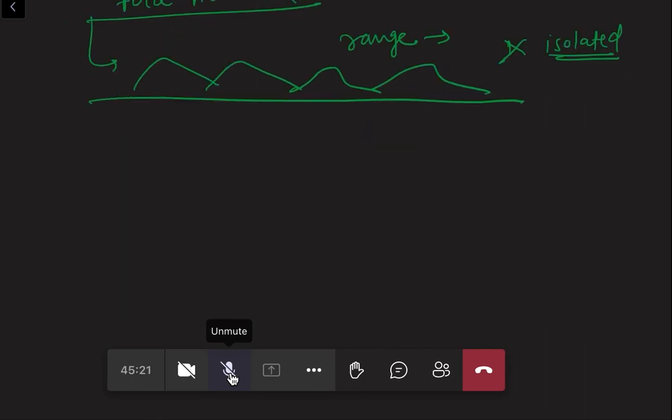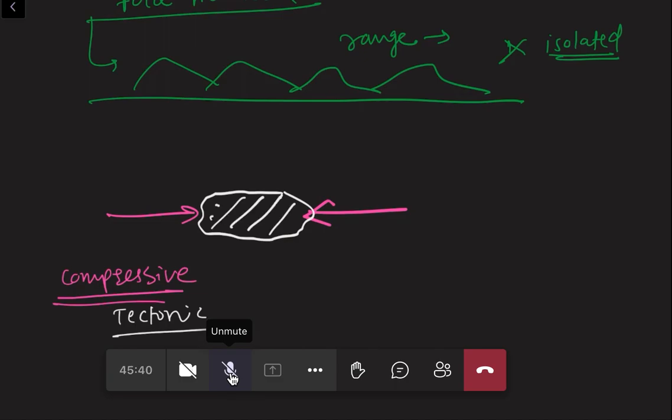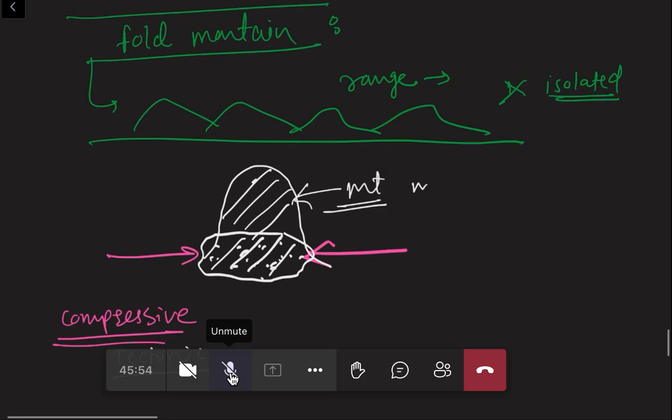Just for your reference, yesterday we saw that whenever there are compressive tectonic forces, the rock structure gets compressed. When it gets compressed, it will get uplifted into a mountain structure. These are nothing but fold mountains.